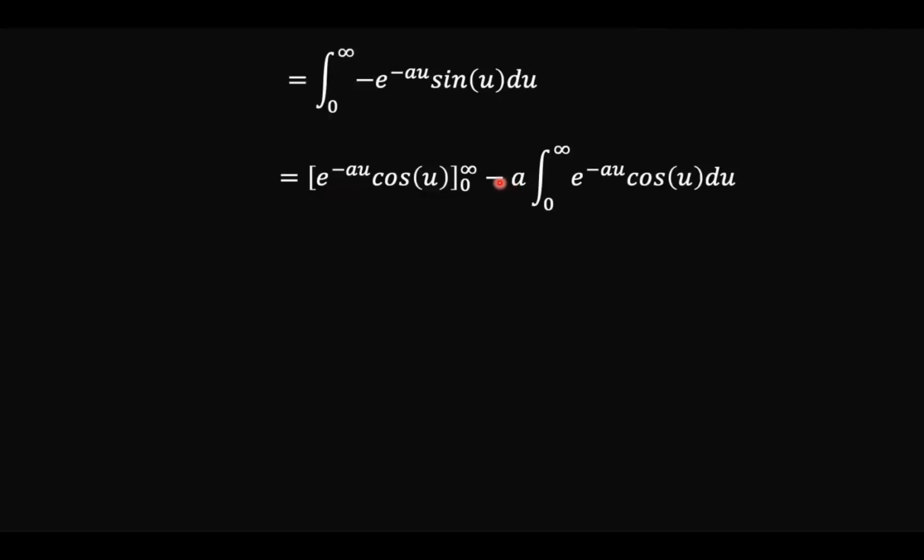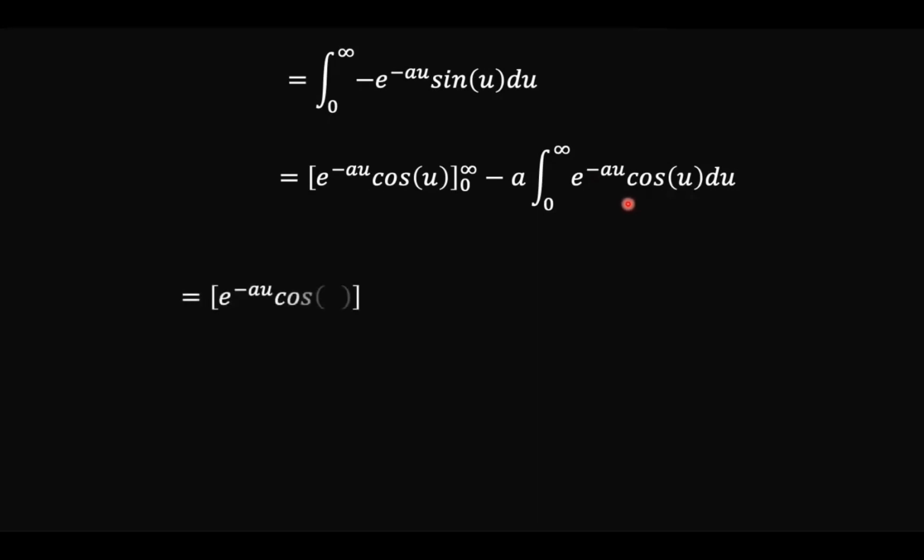du, looking at this, is negative a e to the power negative au. And then we have cosine remaining there.